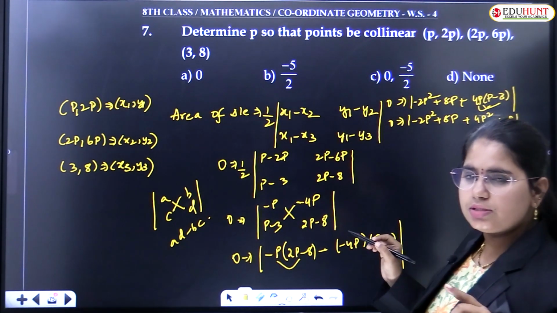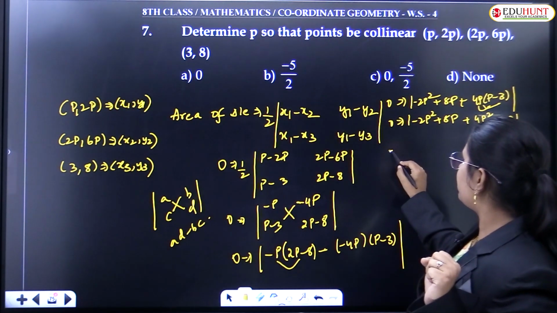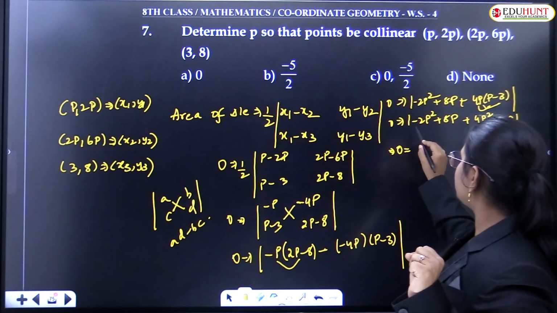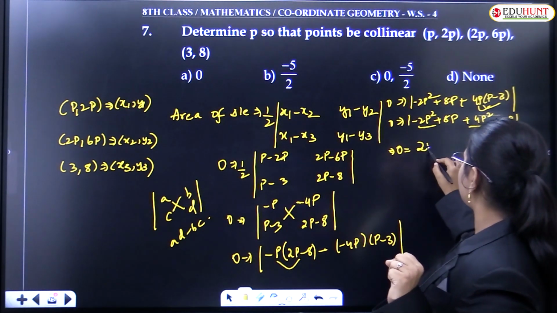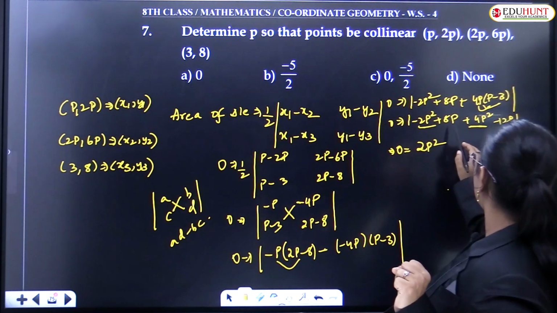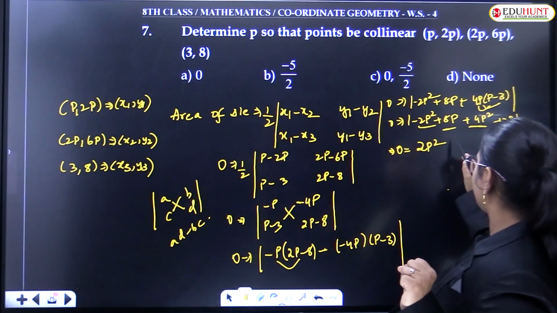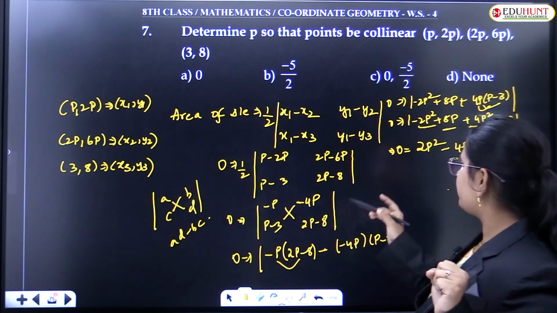Am I clear up to this? Everybody is clear up to this? Chalo. So what is the next step we are going to get? 0 is equal to minus 2p square plus 4p square which is plus 2p square, plus 8p minus 12p which is minus 4p.